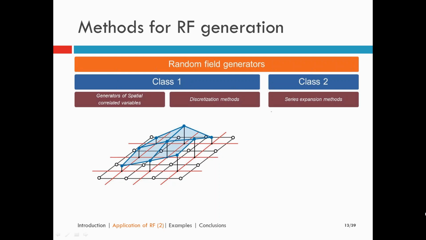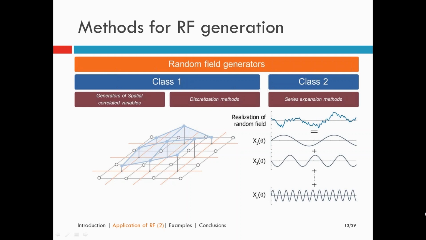And then if, for example, an integration point is somewhere between those points, linear interpolation is used to give that integration point a certain Young's modulus or tensile strength. Okay, then we have the class 2 methods. Here the random field is built up out of all different spatial functions, and they are multiplied with a random variable, and then finally you will get a random field.